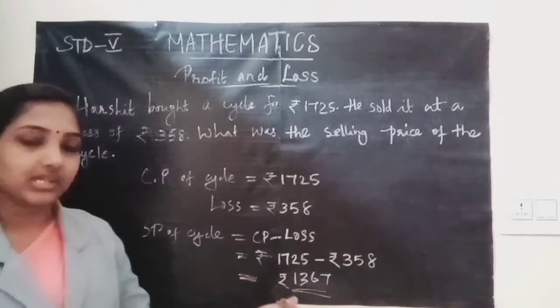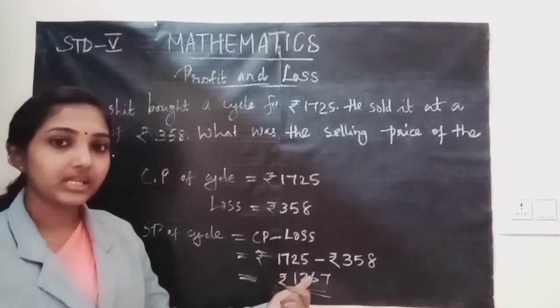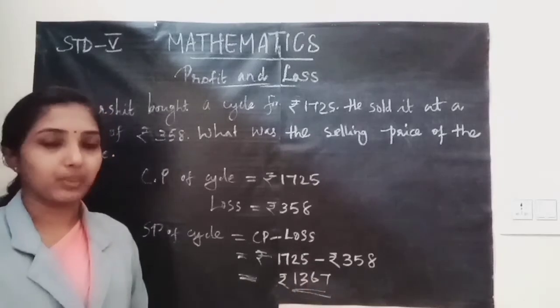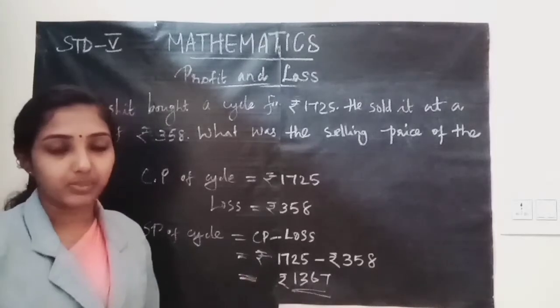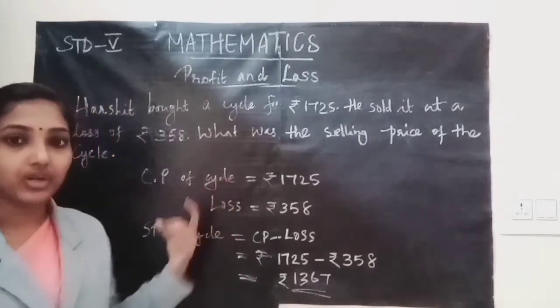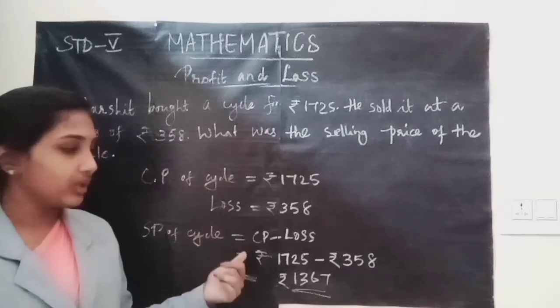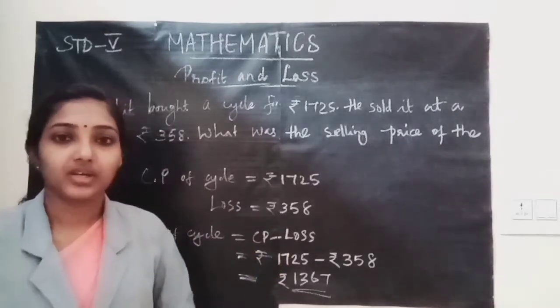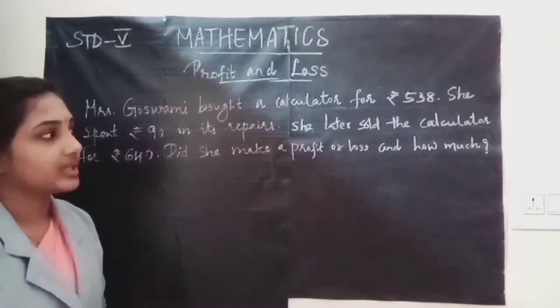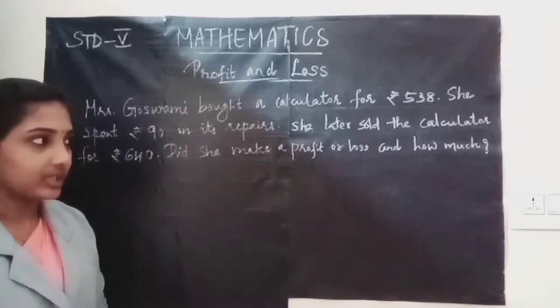So the selling price of the cycle is 1367 rupees. Hope you understood how to do this problem. When loss is known, to find the selling price, we need to use the formula CP minus loss. Mrs. Goswami bought a calculator for rupees 538.